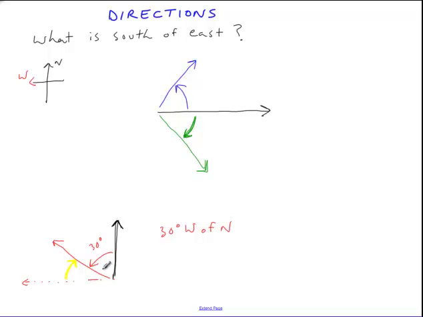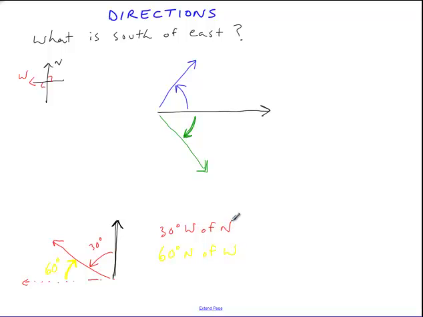The angle between north and west is 90 degrees. It's 90 degrees between all of these guys in here. So 90 degrees, I've already gone 30. That means this angle in here, you should figure out, is 60 degrees. So that means that 60 degrees north of west is the same angle as 30 degrees west of north.